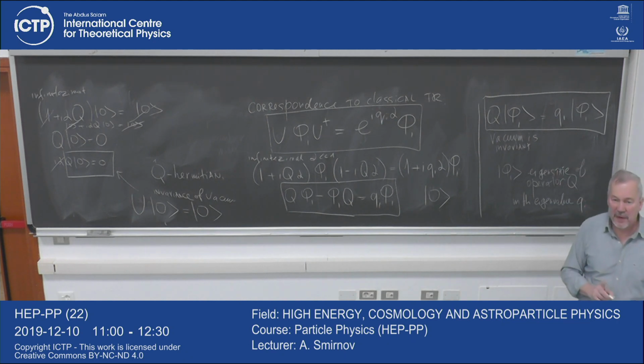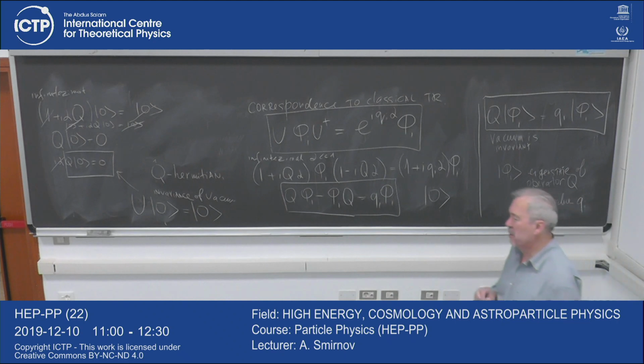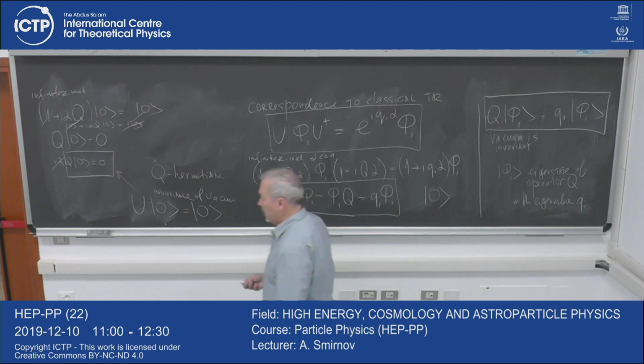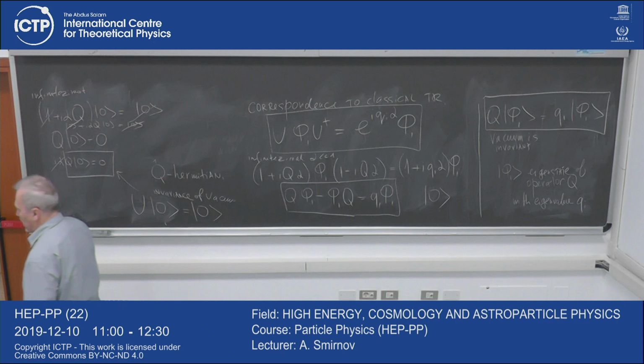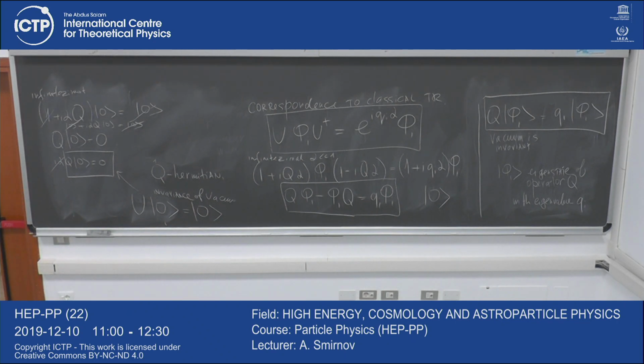So it's important that the parameter which is staying in the transformation law for a given field eventually, at the quantum level, becomes a quantum number which characterizes a given field.